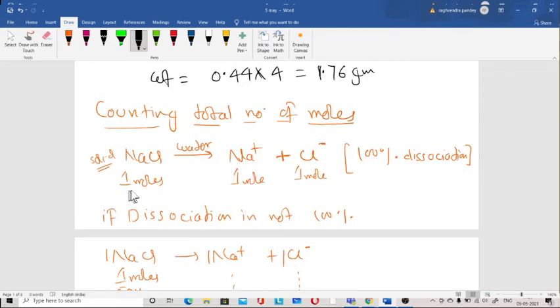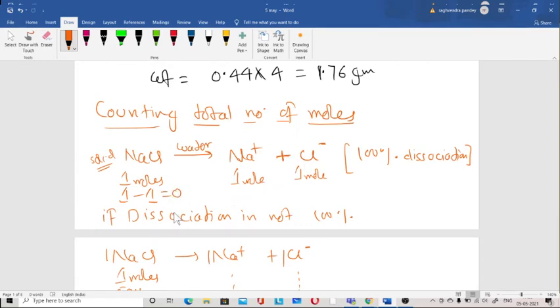Out of 1 mole, 1 is dissociating, which means 100% dissociation, so all the solid converts to ions.